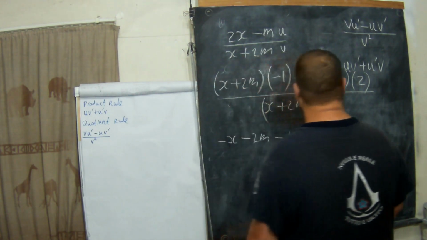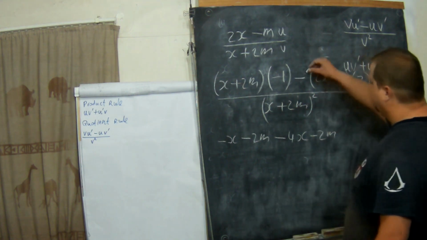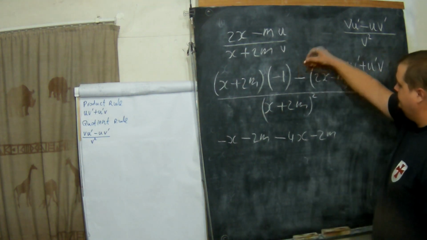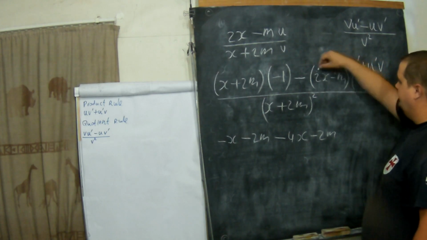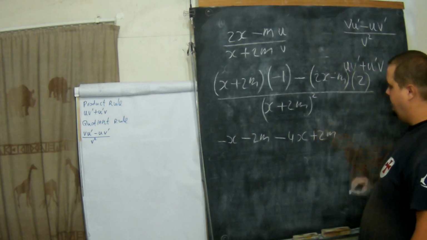Oh wait, my mistake. What needs to happen is the minus needs to multiply in. So when a minus times a minus, that becomes a positive.